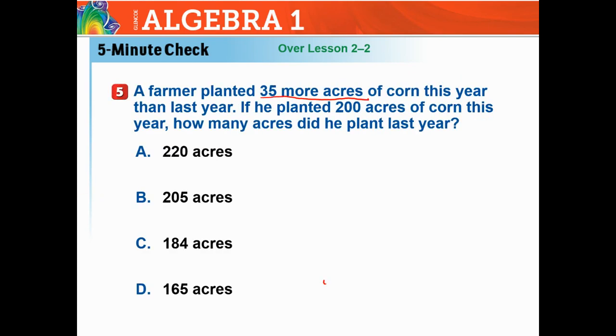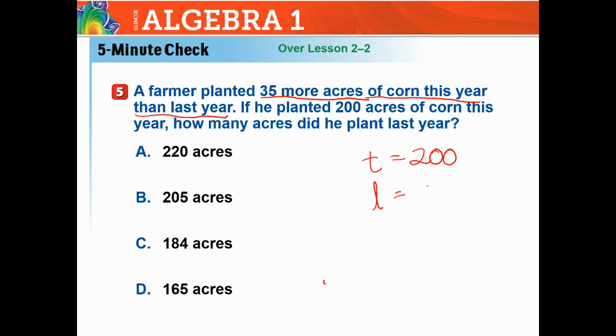All right. For this problem, a farmer planted 35 more acres of corn this year than last year. So if he planted 200 acres of corn this year, how many acres did he plant last year? So I'm going to say T for this year and L for last year. So this year, we know he has 200 acres of corn.